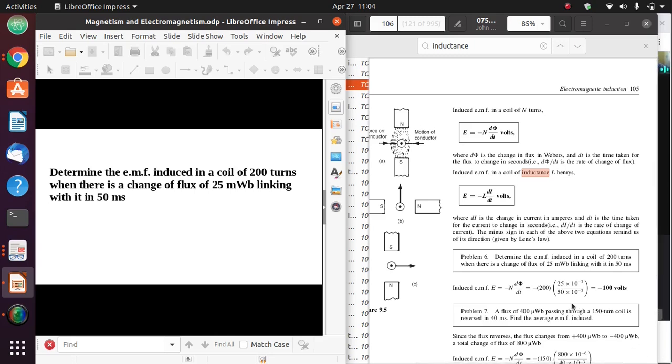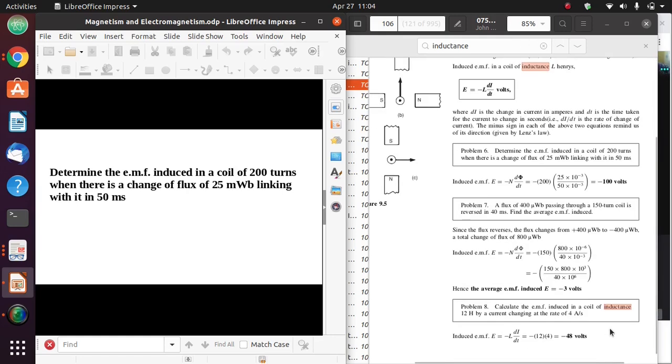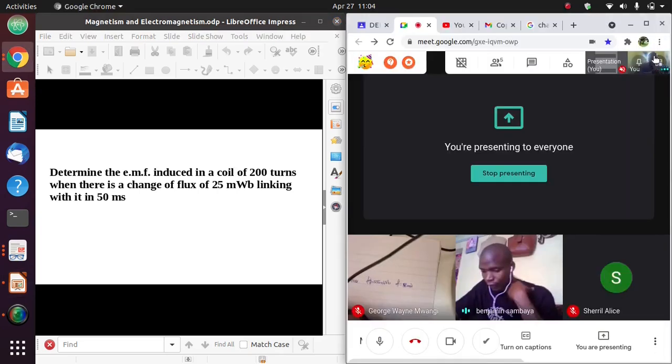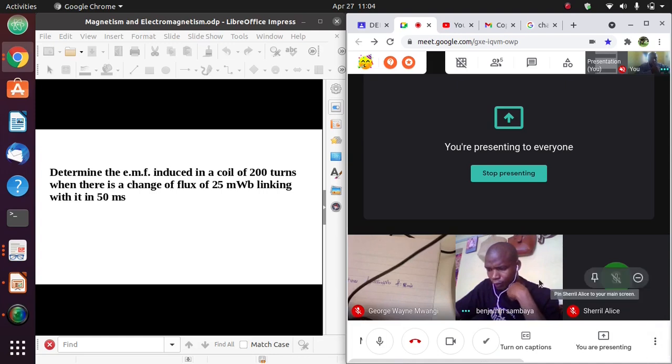Now which formula will we use between those two that we have done, the ones I have shown there? We will use the first one because we have the number of turns.